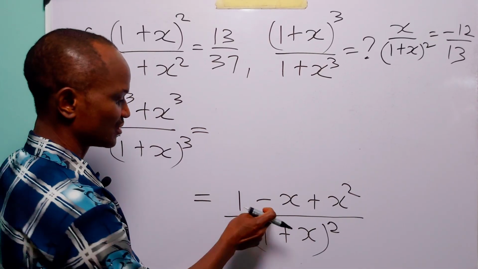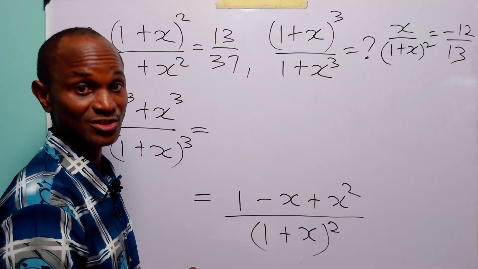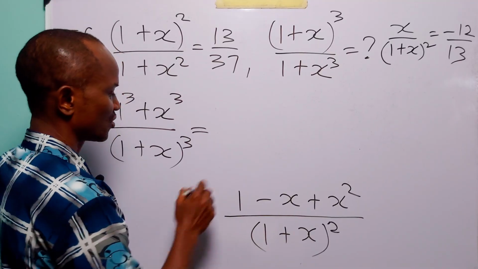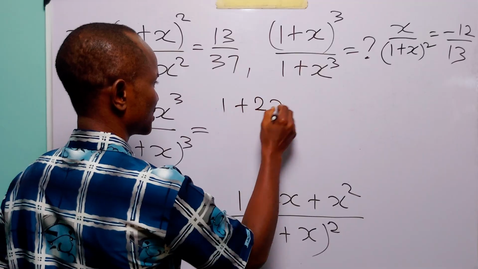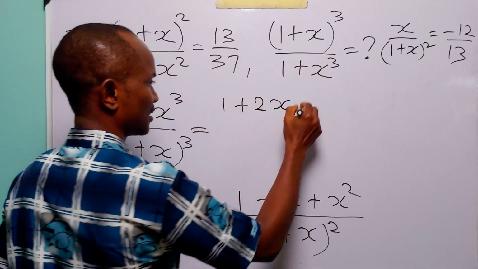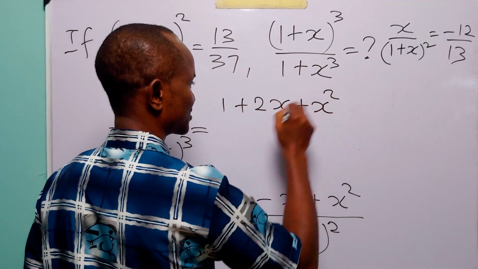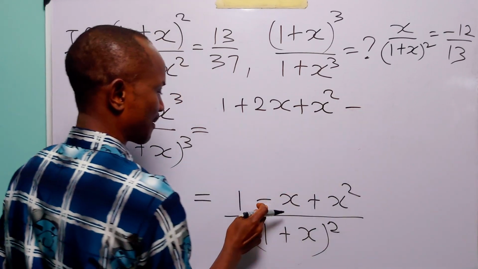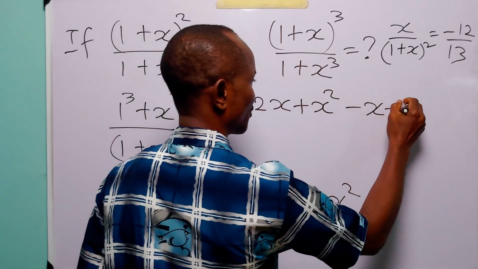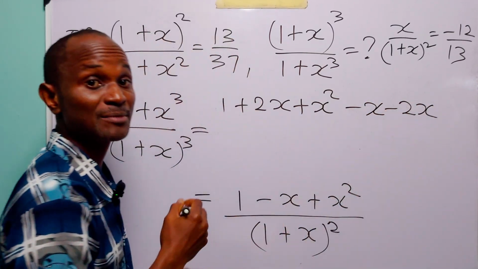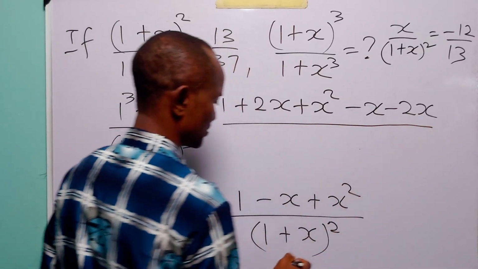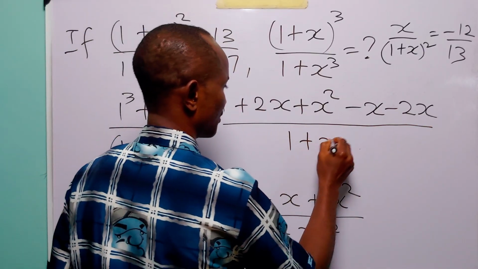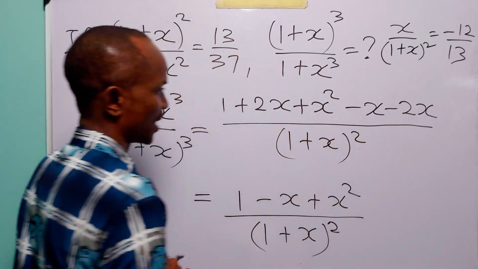Now, once more, to this numerator, we are going to add and subtract 2x. So we have that this is equal to 1 + 2x + x² − x, and of course − 2x to keep everything the same. And in the denominator, we still have (1 + x)².